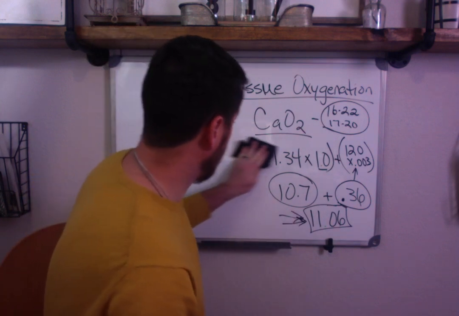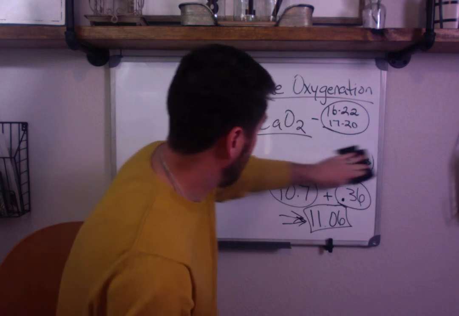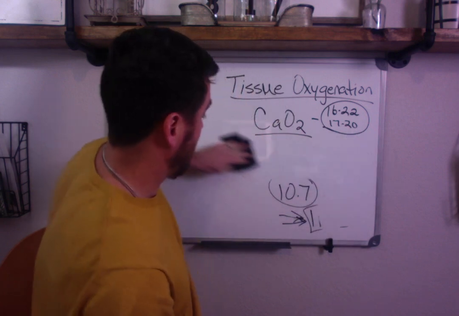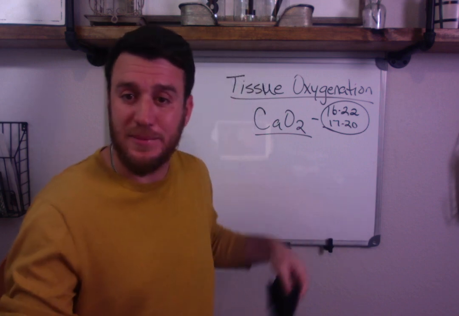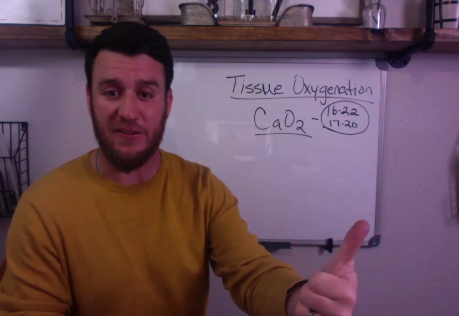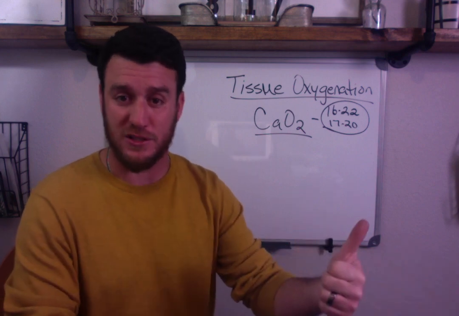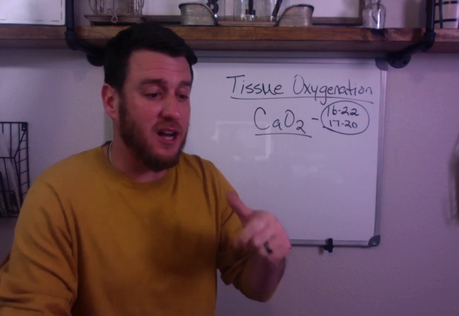So let's get rid of this and let's talk about your chronic hypoxemia patients. Let's talk about your CF patients, your cystic fibrosis patients. Let's talk about your emphysema patients. Let's talk about your patients who live at a state of chronic hypoxemia. Okay?